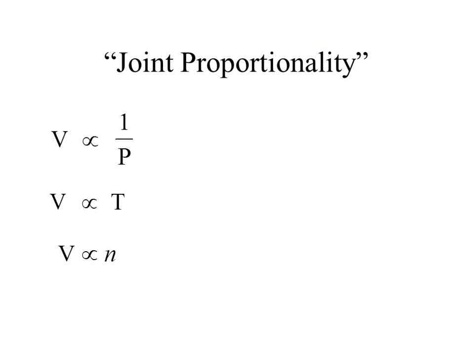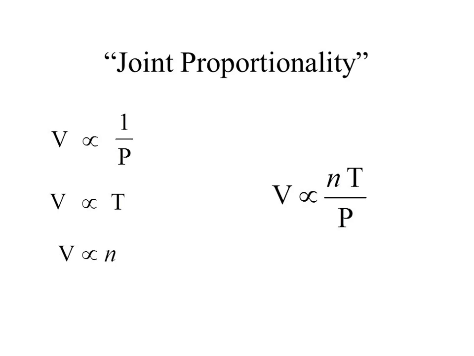Okay, so we're not going to get to a problem slide, but before we leave, I want to show you how we get PV equals nRT, and this is how we do it. Notice that we've talked about Boyle's law, Charles' law, and Avogadro's law, which all relate volume to something else. We can combine those volumes on the left side and combine the terms P, T, and n on the right side, and this is what we get.